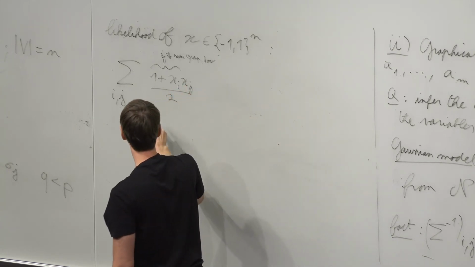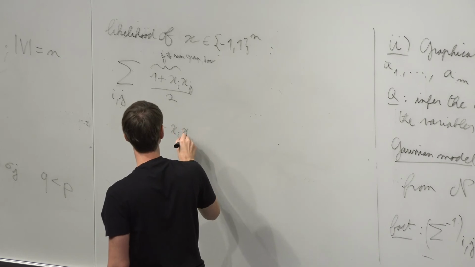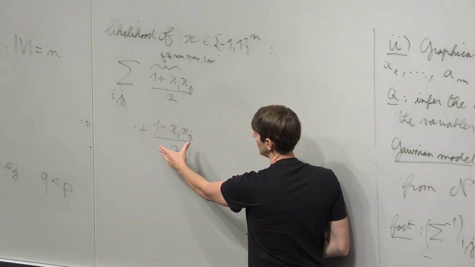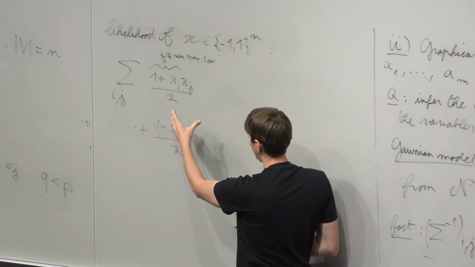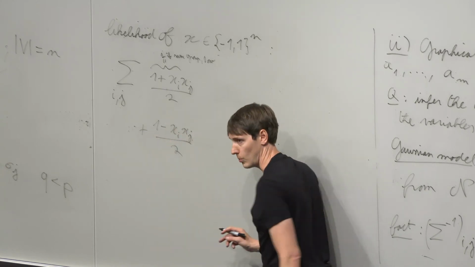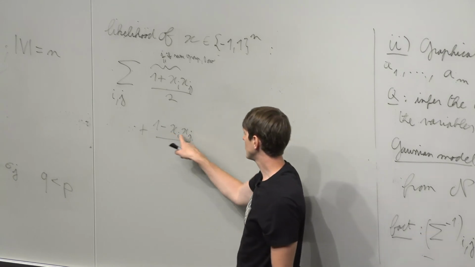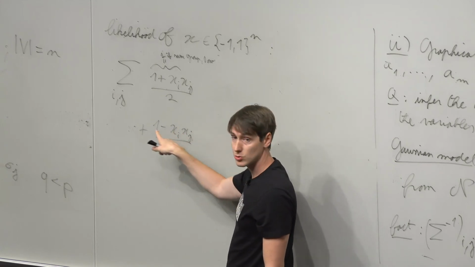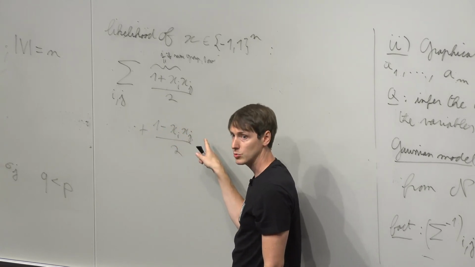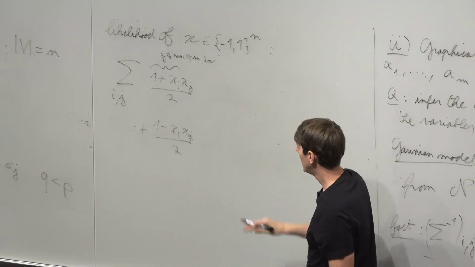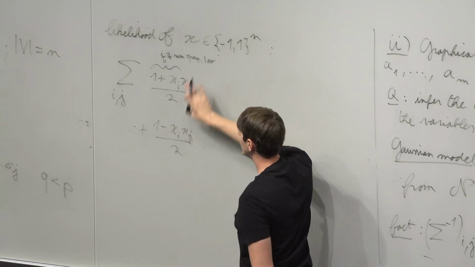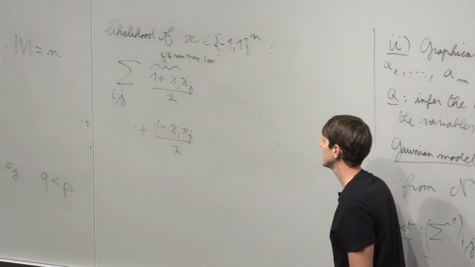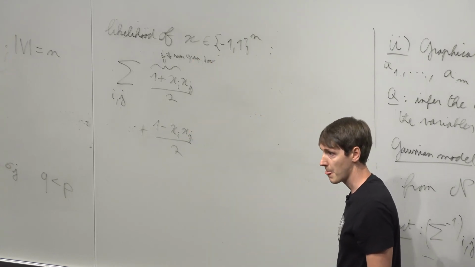The other term is (1 - x_i x_j)/2. This is 0 if they are assigned to the same group, since 1 minus 1 is 0, and 1 otherwise, since if they are in different groups, it's 1 minus -1, which is 2, and 2 over 2 is 1. Those two numbers are just ways for me to write an indicator of being in the same group or not, assuming the partitioning is given by x.